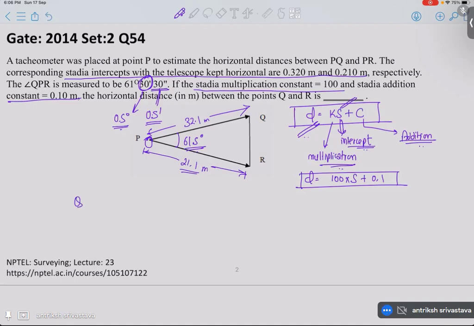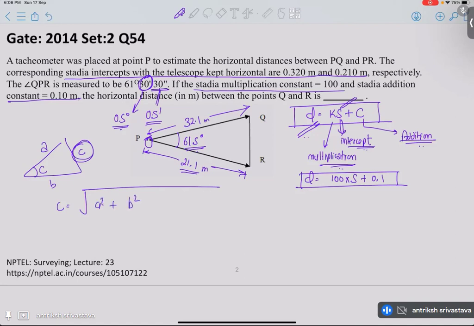And to identify QR, now it's just a simple triangle trigonometry formula: if you know two sides and the angle between them, then what is the length of the other side? I think we all should remember this formula: if this is a triangle with sides A and B and this is the angle C, then the formula for the opposite side c will be A square plus B square plus or minus 2AB cos theta.